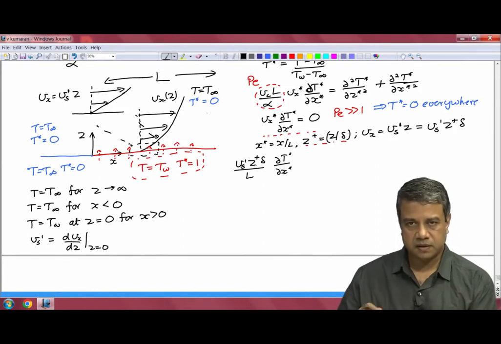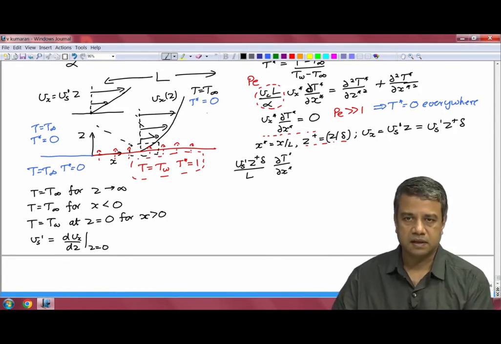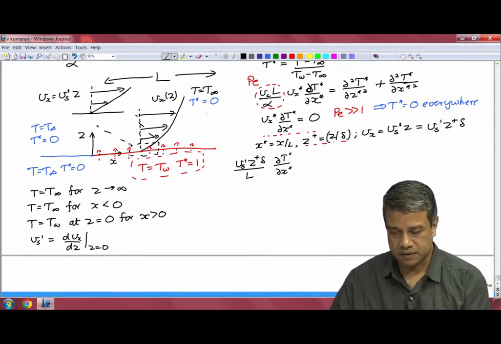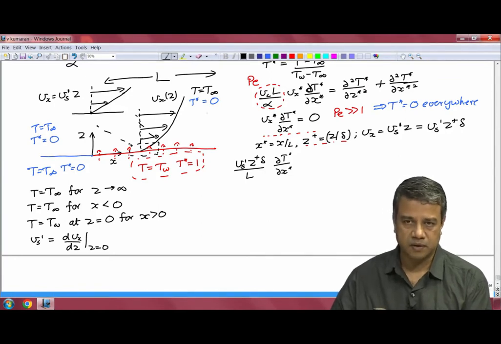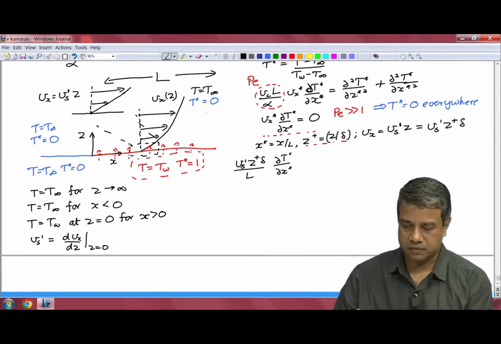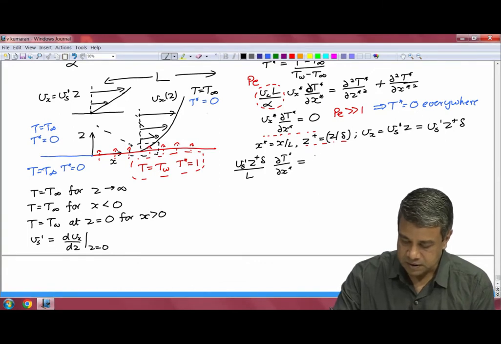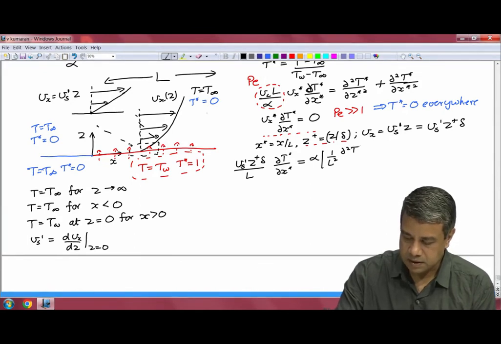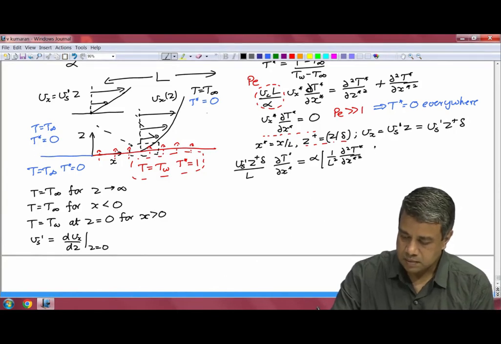The z plus is not the inner scaling in turbulent flow. This is the scaling for the boundary layer in a laminar flow close to the wall. So, this is equal to alpha into 1 by L square partial square t by partial x square plus 1 by delta square partial square t by partial z plus square.